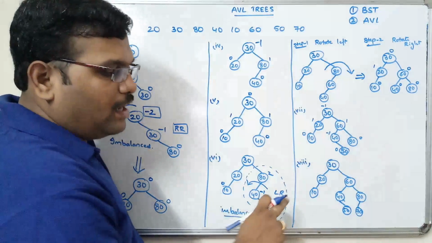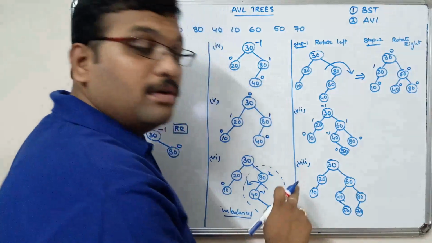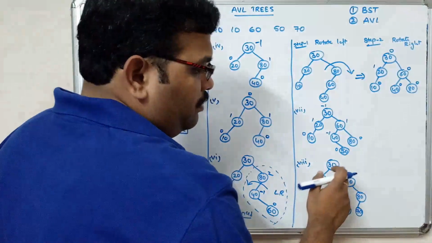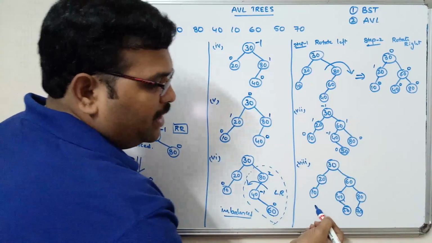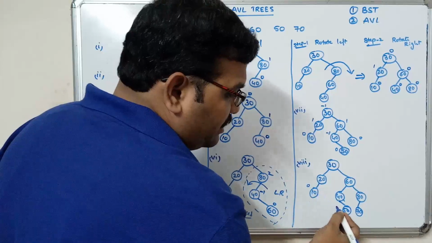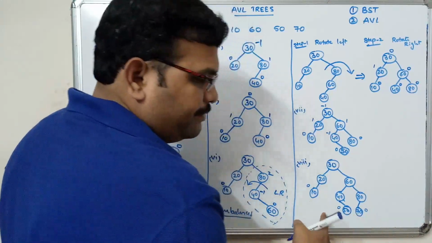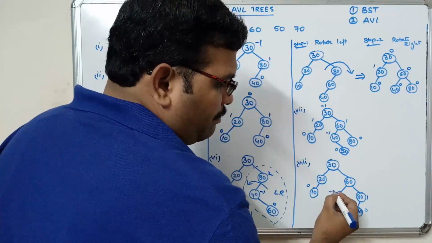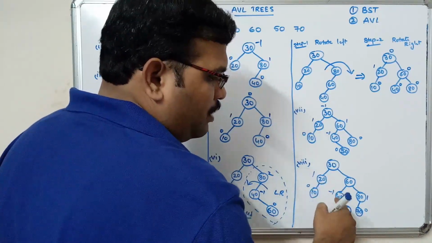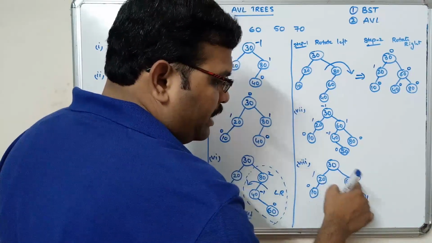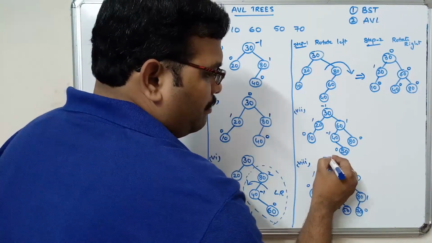Right? So this is how we have to apply. Here you can see the balancing factor. For the leaf nodes the balancing factor is 0, and for this one it is 1, for this one minus 1, for this one 1, and for this one 2 minus 2, 0, for this one 2 minus 3, minus 1.